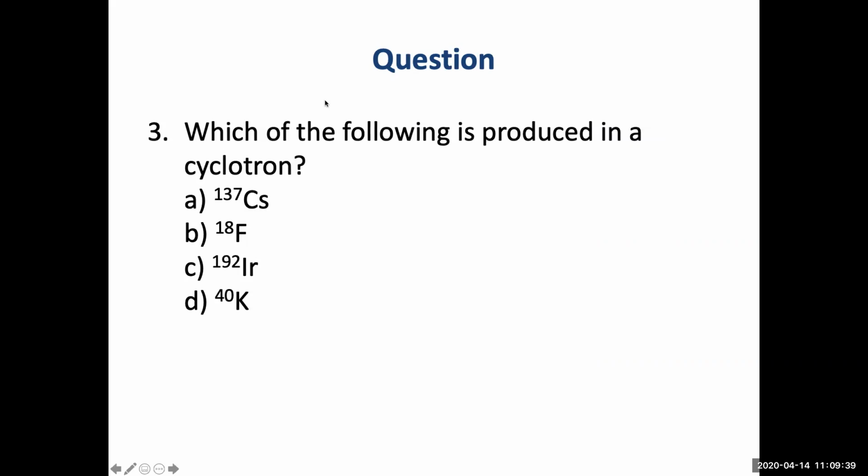We know F18 is a cyclotron product. Cesium-137 is produced in nuclear reactor. This is iridium-192, produced again in nuclear reactors. Potassium-40 is a natural radioactive isotope of potassium. Okay, this is natural, it's not produced. These two are reactor products, and this is the cyclotron one.